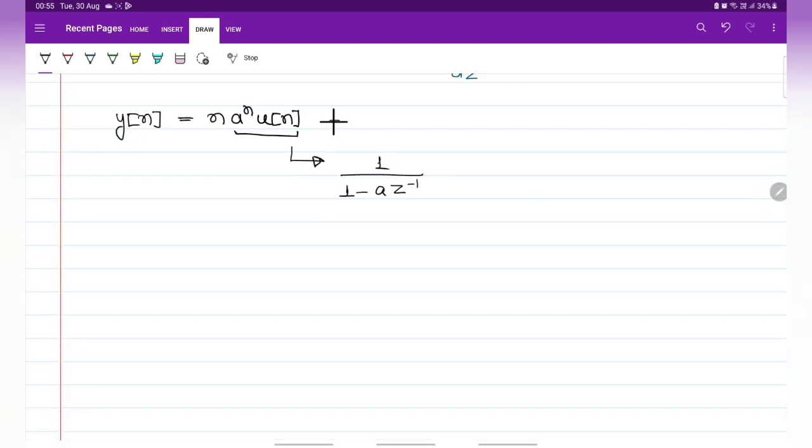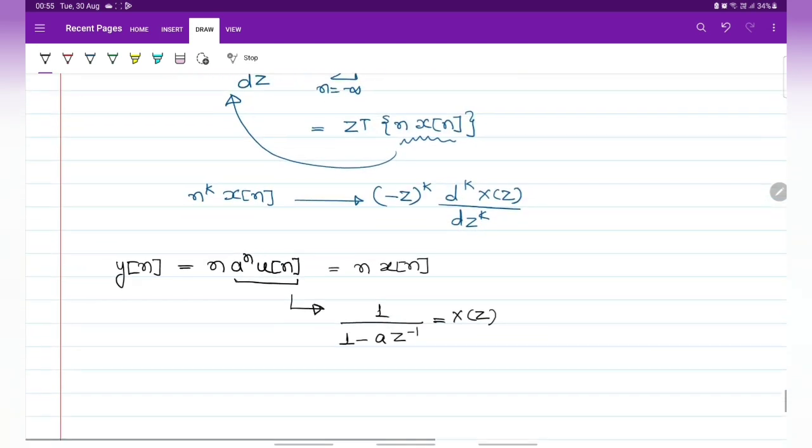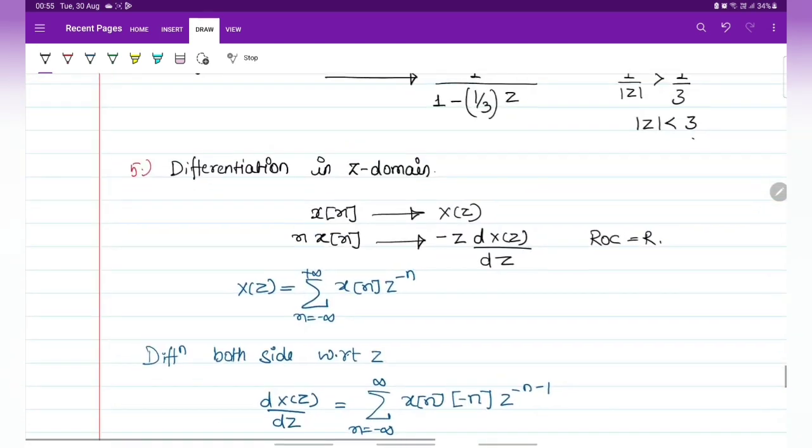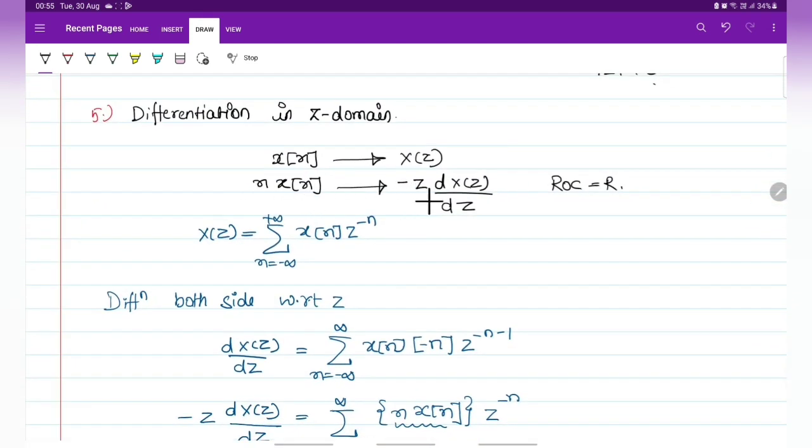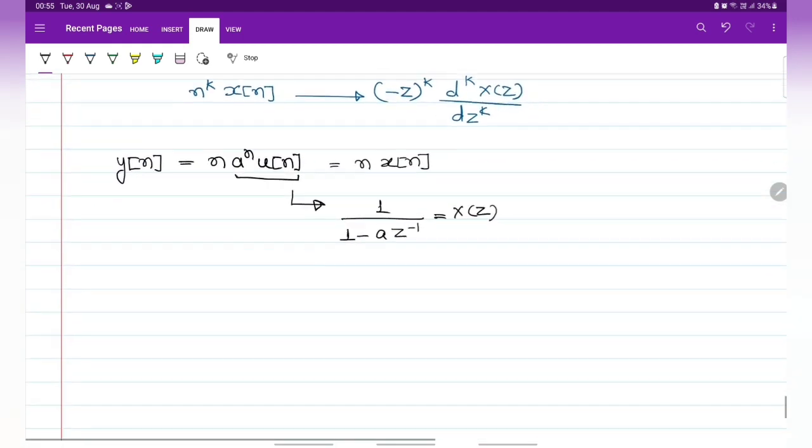Can we write this equation as n into x of n, where x of n is a to the power n u of n, and this will be X of z. Okay, now this looks like the previous form, right? What is the Z transformation of n into x of n? That is minus z dX of z by dz.